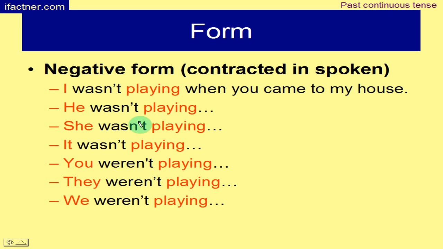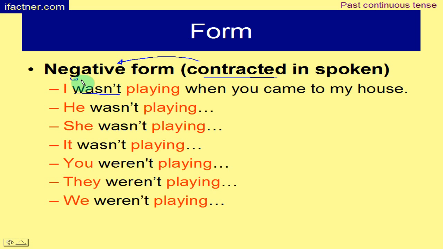But there is also a contracted negative form, a smaller negative form, which we usually use in spoken English. Usually we do not write the contracted form, but in everyday talking we use it. The contracted form is I wasn't.